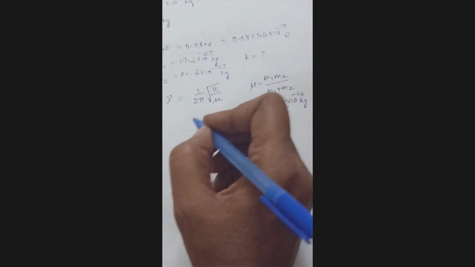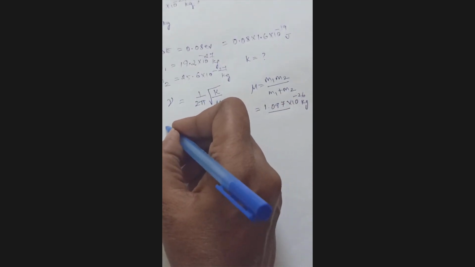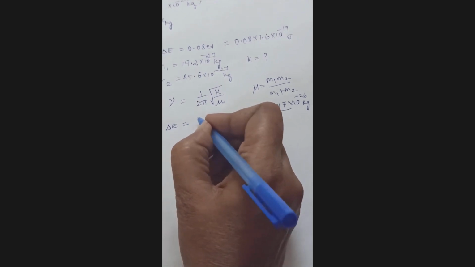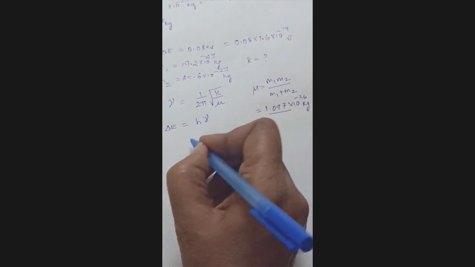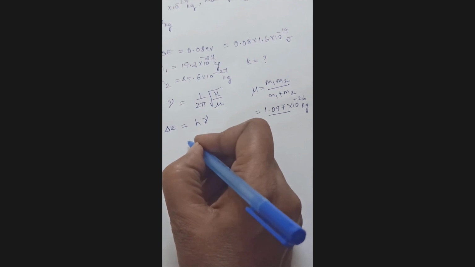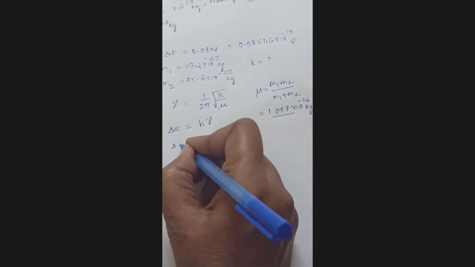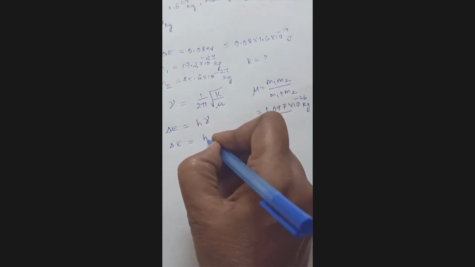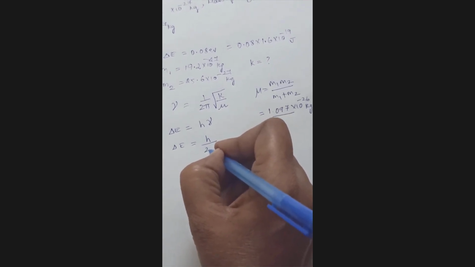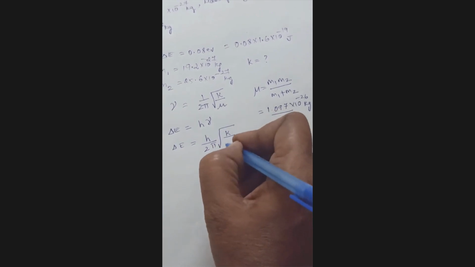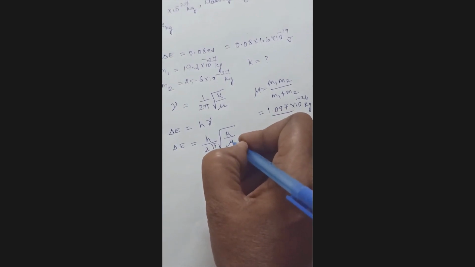Okay. Now we know delta E is equal to h into nu. Therefore, we have delta E is equal to h by 2 pi into square root of K by mu.